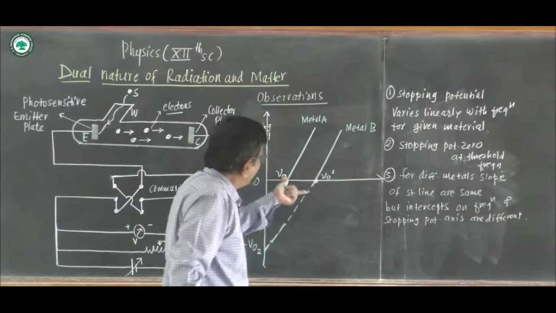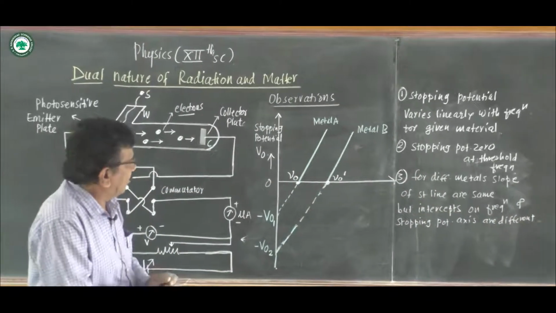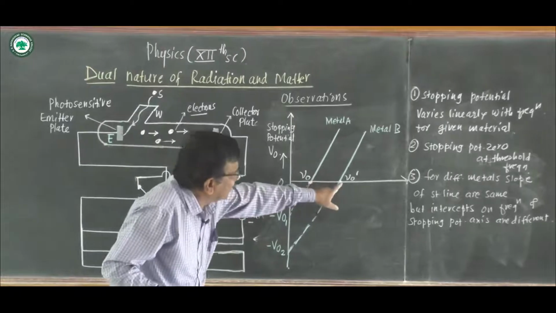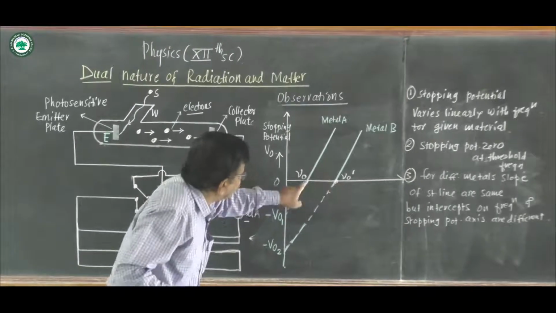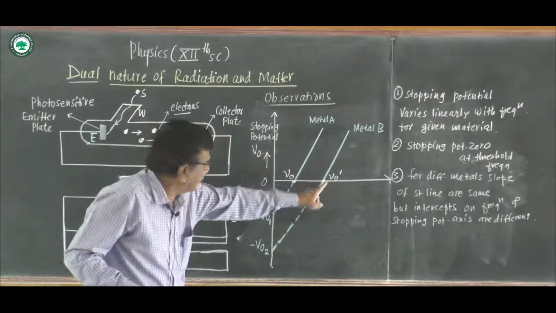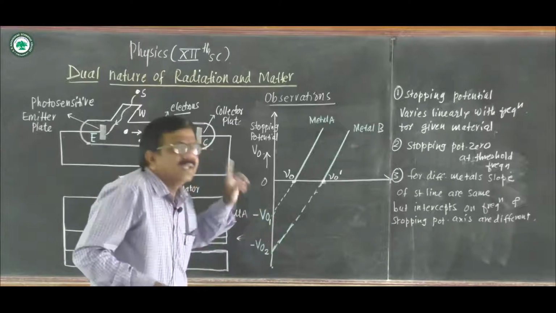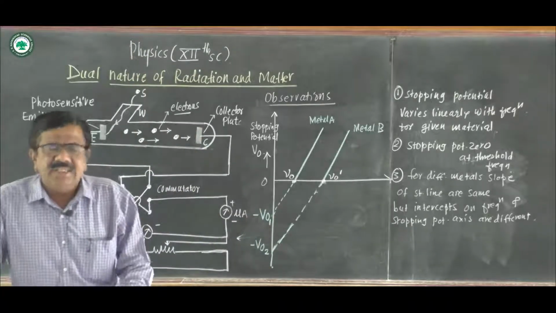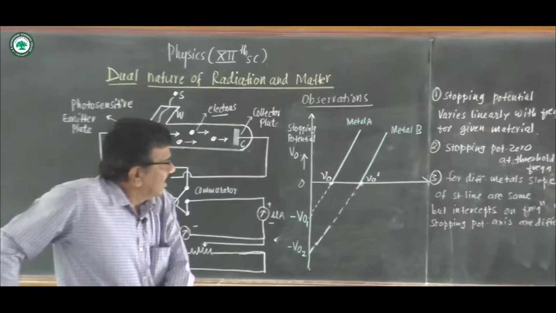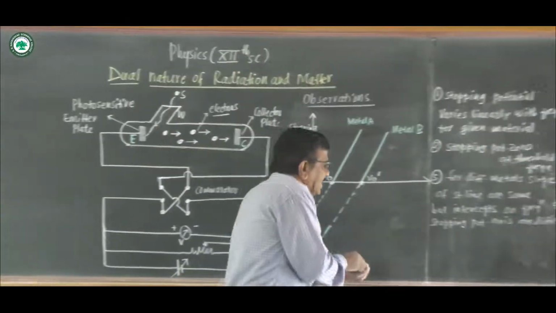Slopes are the same for different metals, but the intercepts are different on the frequency axis. This is the intercept for the first metal, and for the second. Here the intercept on the potential axis is minus V01. These intercepts are different.